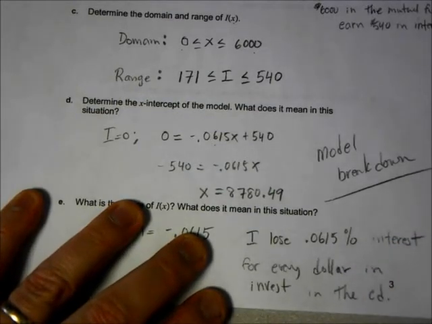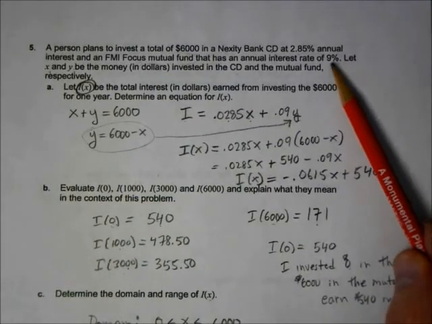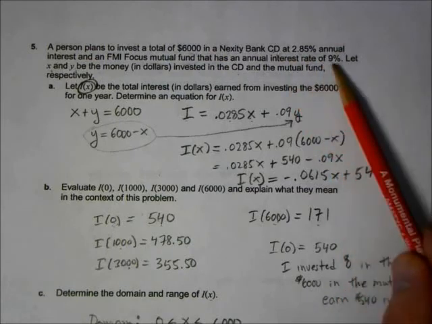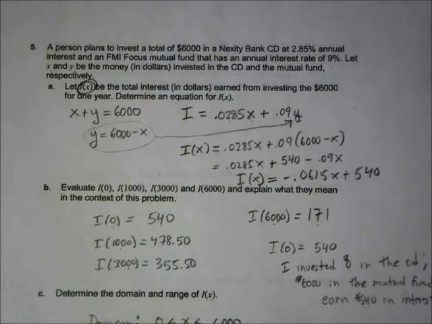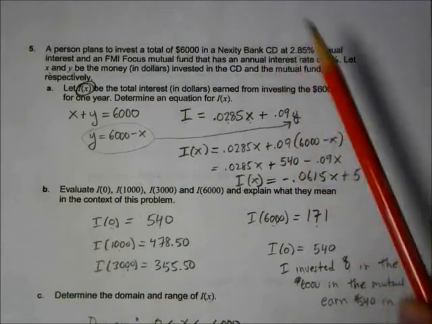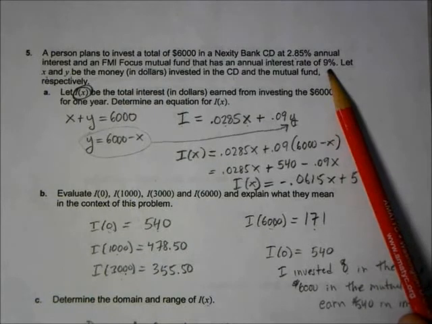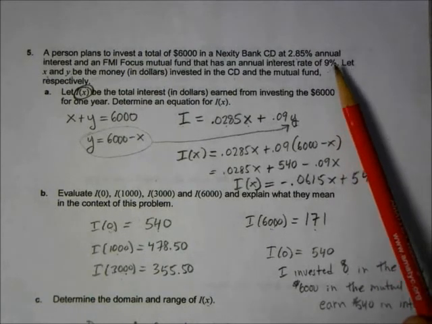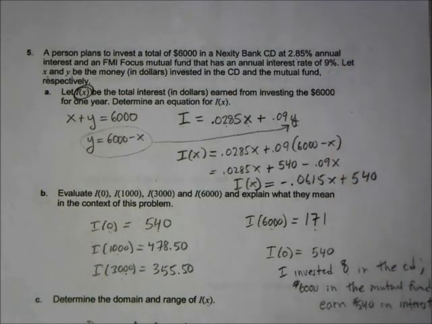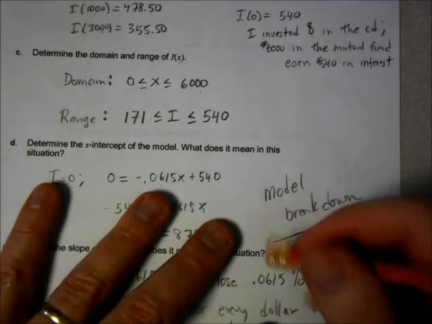So think of what's happening here. Way back at the beginning, we talked about we'd much rather put our money in the mutual fund than the CD because the mutual fund earns a lot more interest. So every time I invest $1 in the CD, that means I'm only earning 2.85% interest. I'm not earning the 9% interest, which means I lost 6.15% interest.